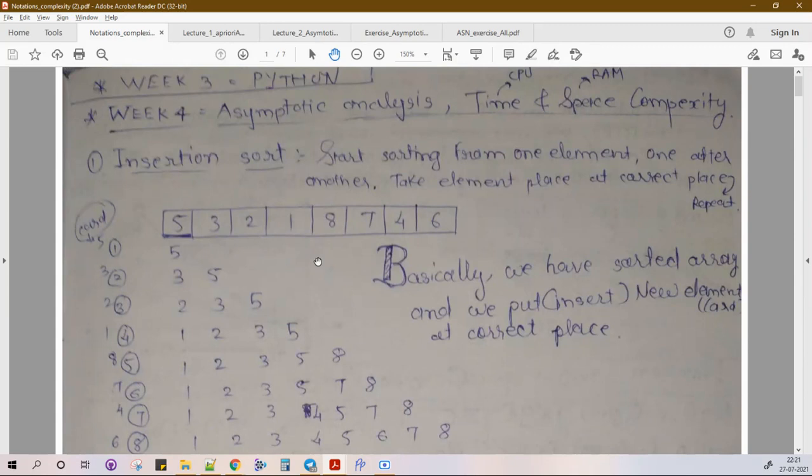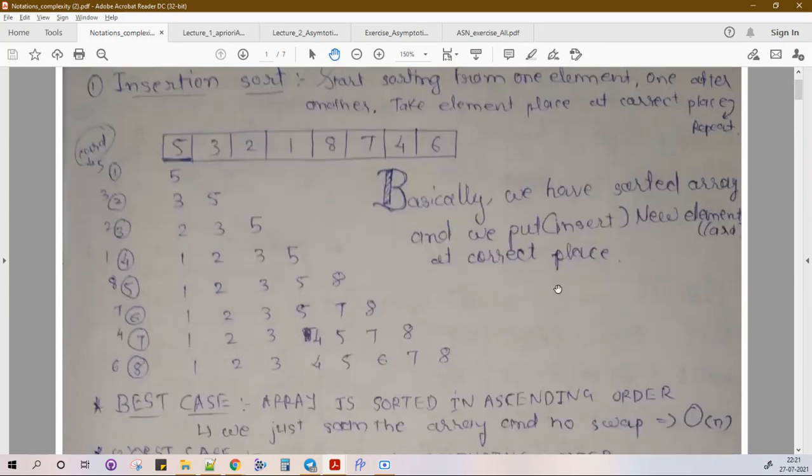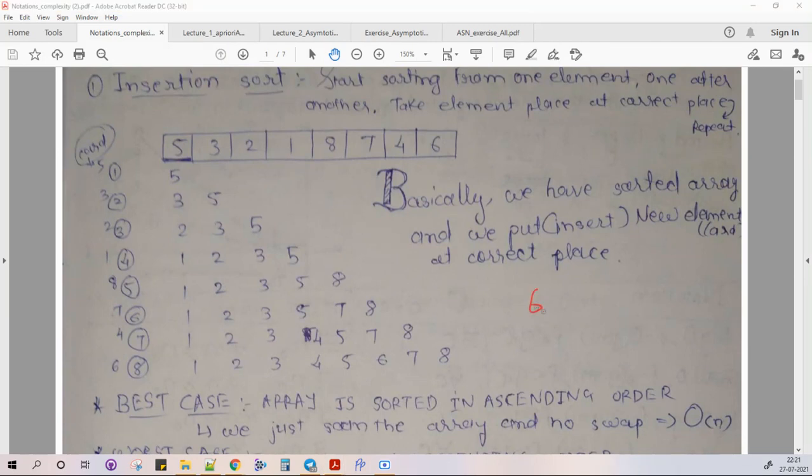Insertion sort can do this, right? Because we are just taking a value one by one. Let's say I just give you 6, you will put 6 as it is, correct. Then I give you 5, then you will put 5 here. Then I give you 10, you will put 10 here. Then I give you 7, then you will put 7 here, right? So insertion sort doesn't need the whole array at first. The data can arrive in this sequential fashion, so it is called online sorting, correct.